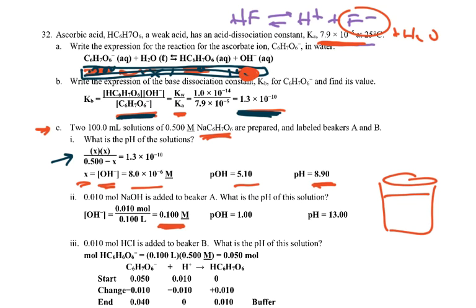So the pH is going to be due totally to the hydroxides that we put in solution. We put in 0.01 moles over 0.1 liters, and so that's going to make it a 10 to the minus 1 molar solution of hydroxide. Take the negative log of that, we get the pOH is 1. Subtract from 14, we get the pH is 13. So just this by itself is 8.9. You put in a little bit of NaOH, that takes over the base, and that's what you have.